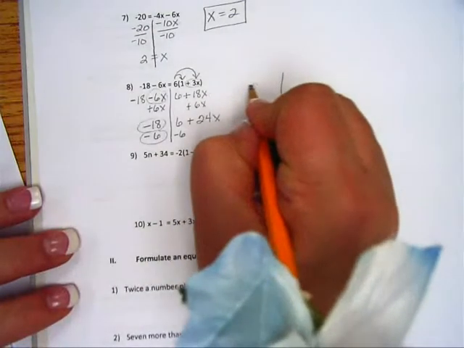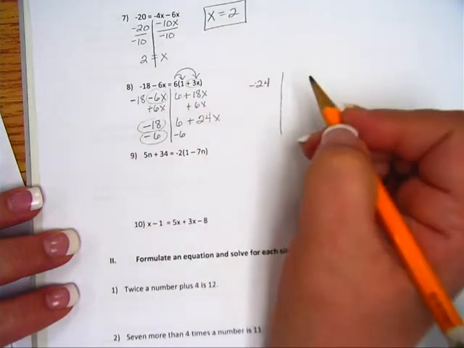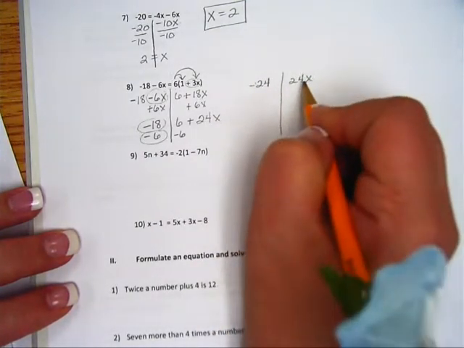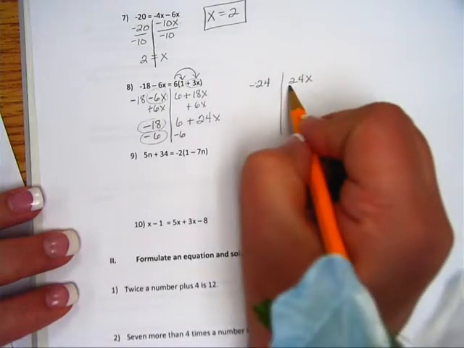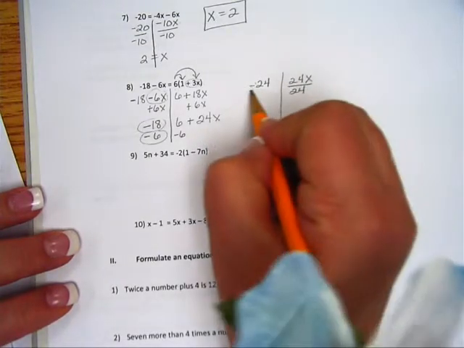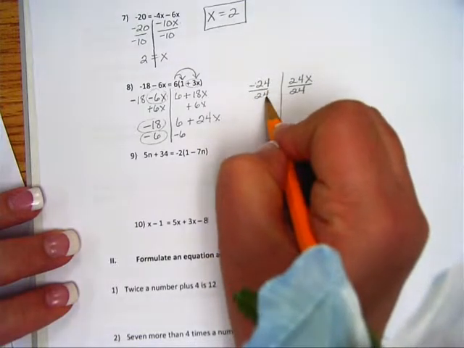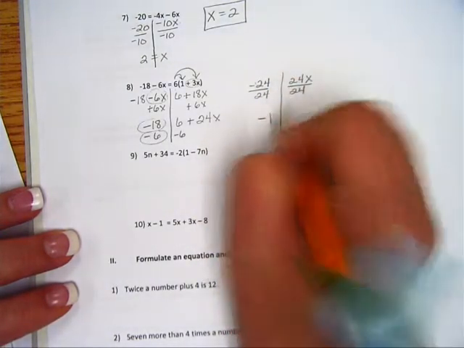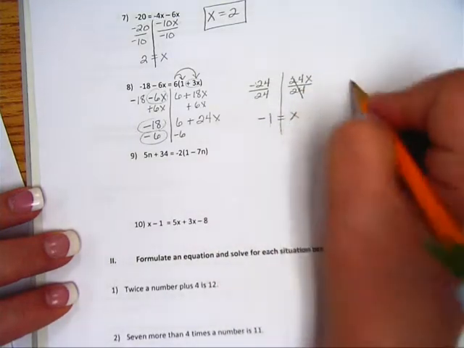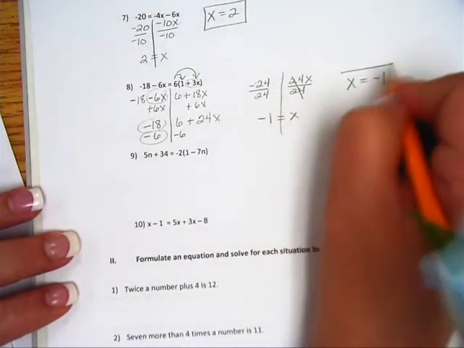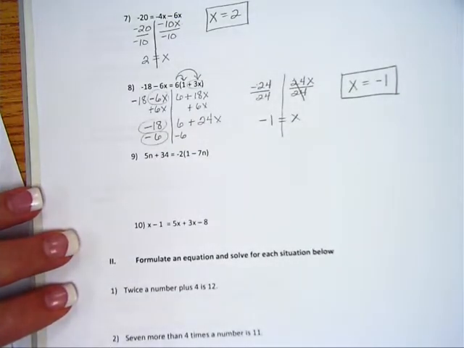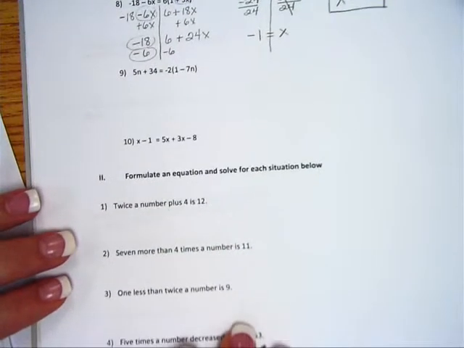I get a negative 24 on the left and a 24x on the right. Now it's division. Divide by 24, divide by 24. A negative 24 divided by a positive 24 is a negative 1 equals x. So x equals negative 1.